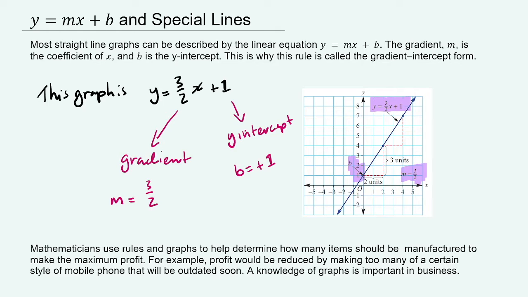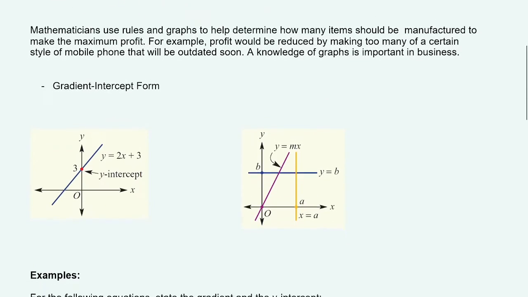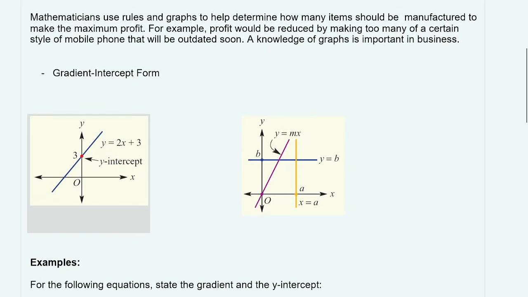Let's have a bit more of a look at what's going on with these lines. As we said before, we have the gradient-intercept form, and m and b are the constants of this, so they will not change regardless of where a spot is on the line.